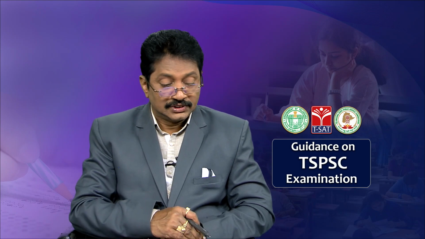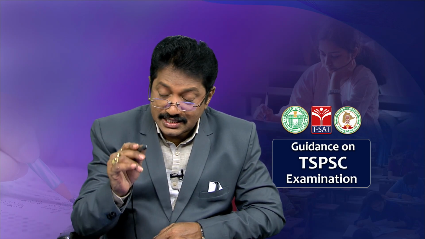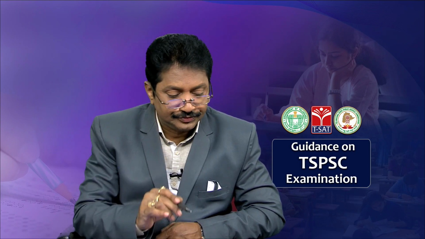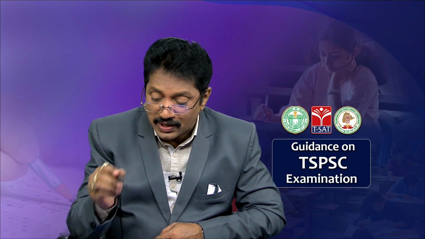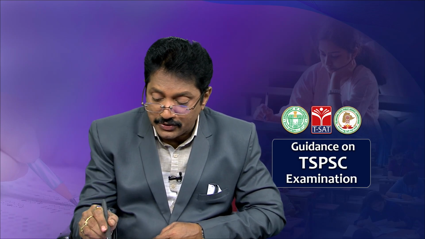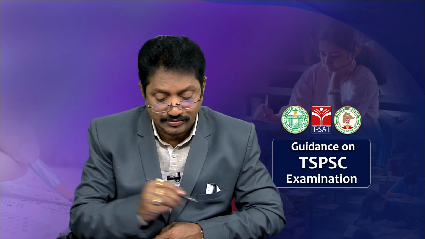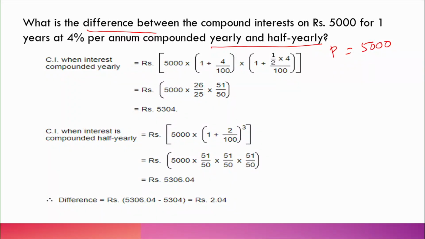Okay. When the compound interest is calculated yearly for this situation, what is the amount here? The principal amount will be 5,000, correct, and the rate of interest is calculated per annum. If you calculate yearly, then it is 4%, there is no change, correct.